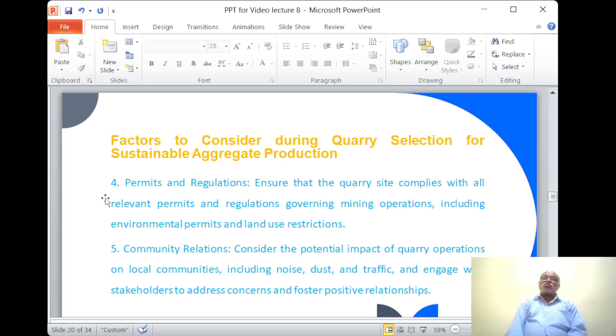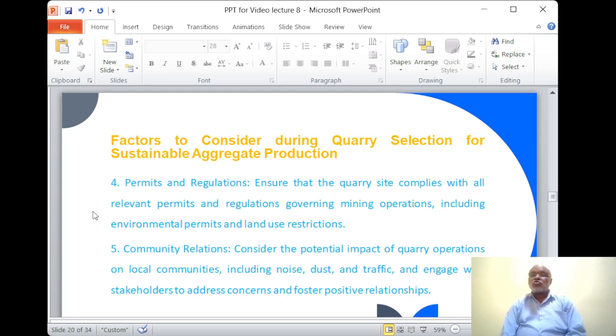Permits and regulation are also factors which affect the selection of the quarry site. Ensure that the quarry site complies with all relevant permits and regulations governing mining operations, including environmental permit and land use restriction.